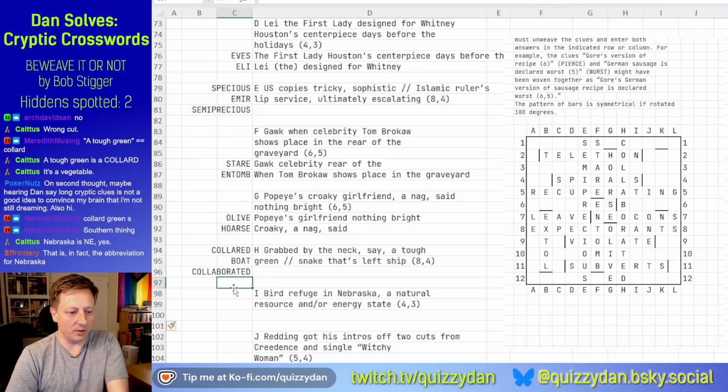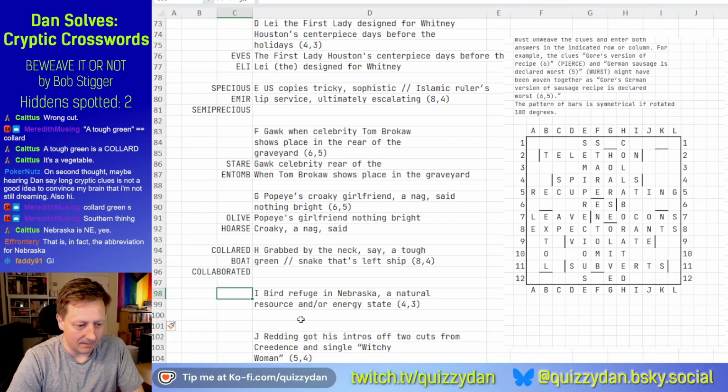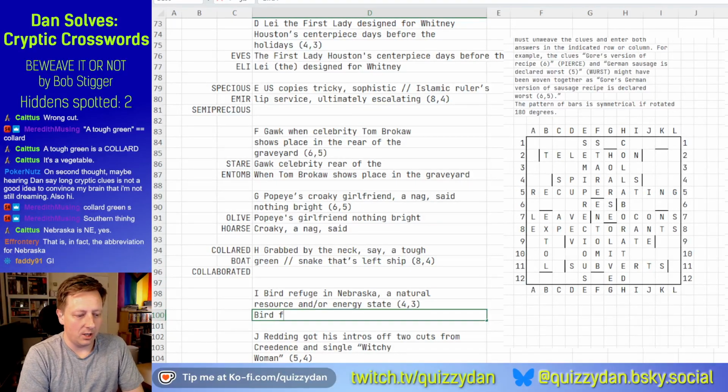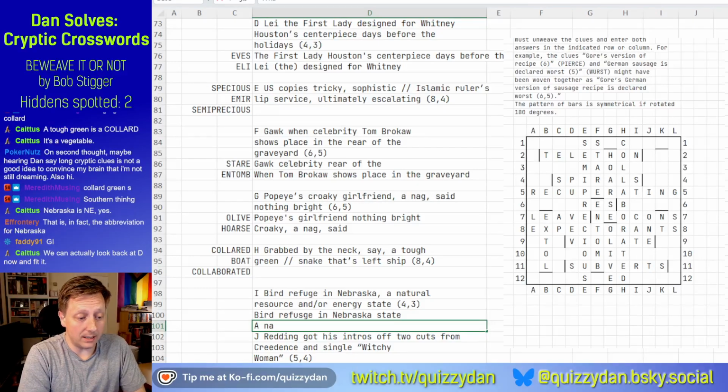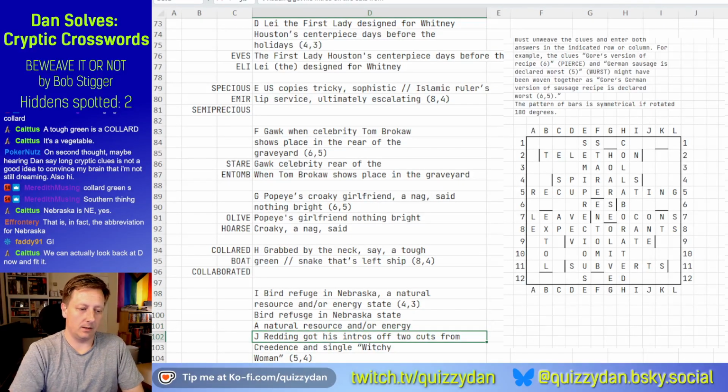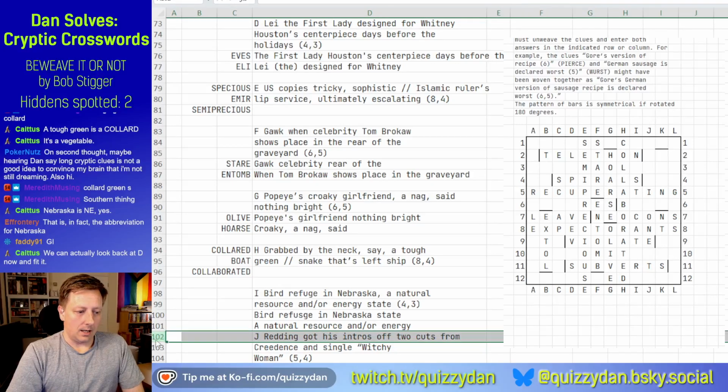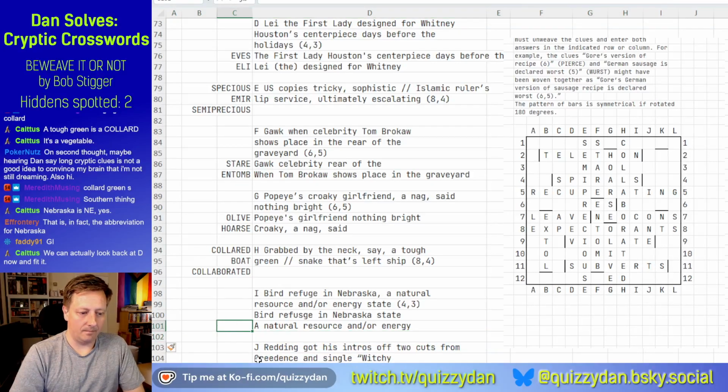So state, I want that to be ST. So I think that's bird refuge in Nebraska state. And then I want everything else to go in the other clue. A natural resource and/or energy. Gas. Is that just gas?